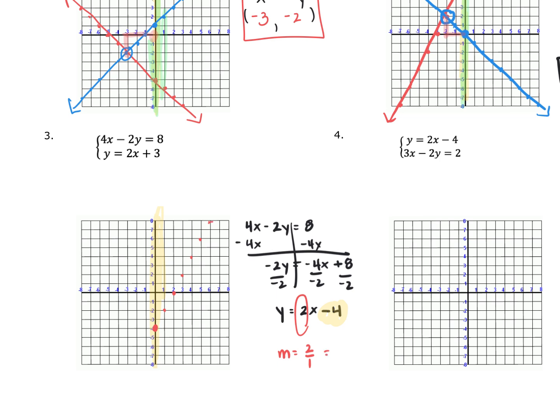And when I can't go up 2 and over 1, remember the opposite, so I'm going to go down 2 and to the left 1. Then we're going to connect those points.